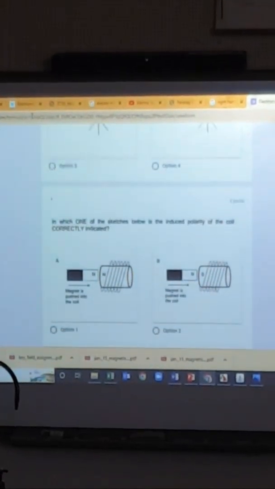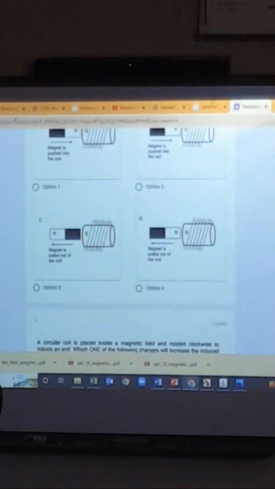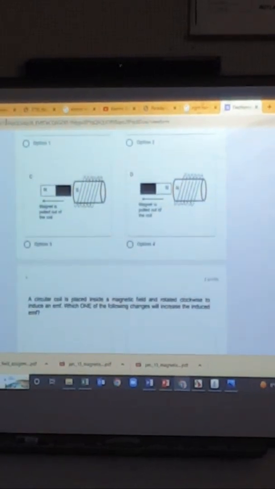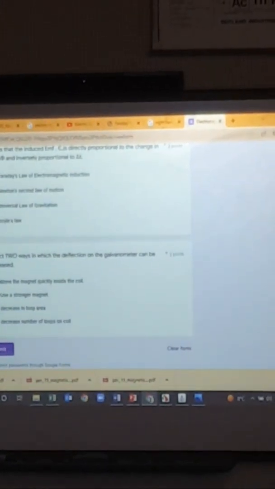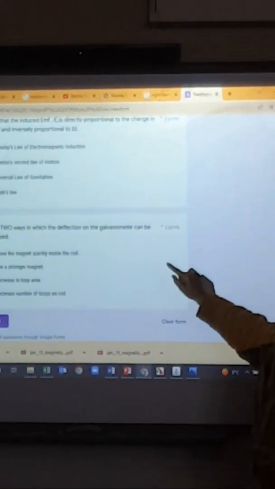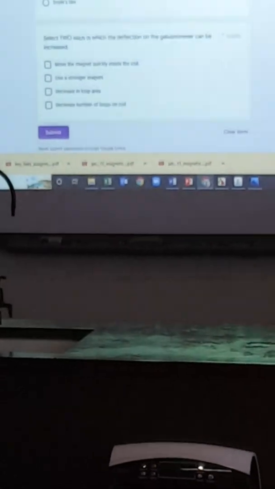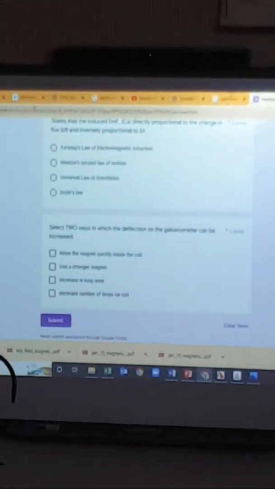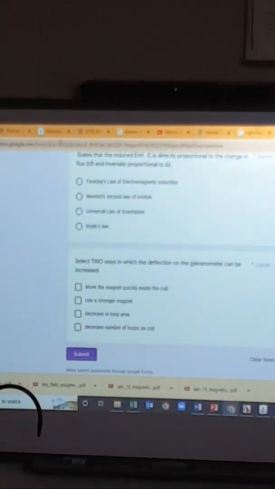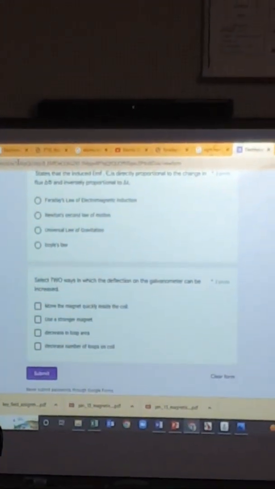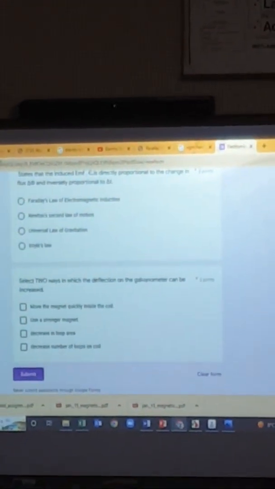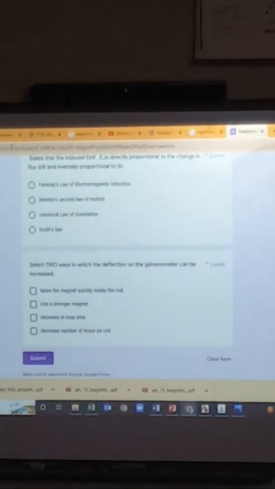So the interesting thing that I wanted to show you was a question that we put up, it's the last one. It said here, select 2 ways in which the deflection on the galvanometer can be increased. So here, the learner would have to select 2 options that would be correct. And for all the others, they can only select one.